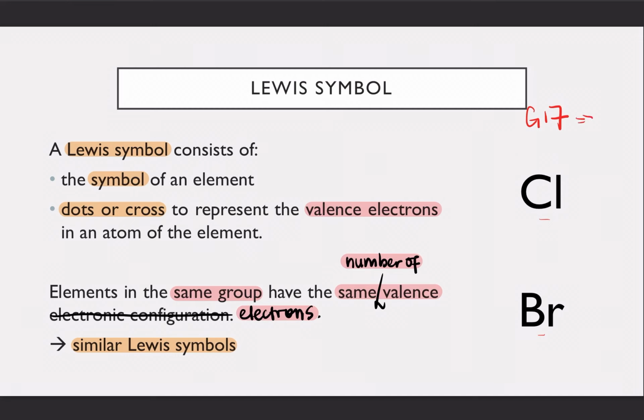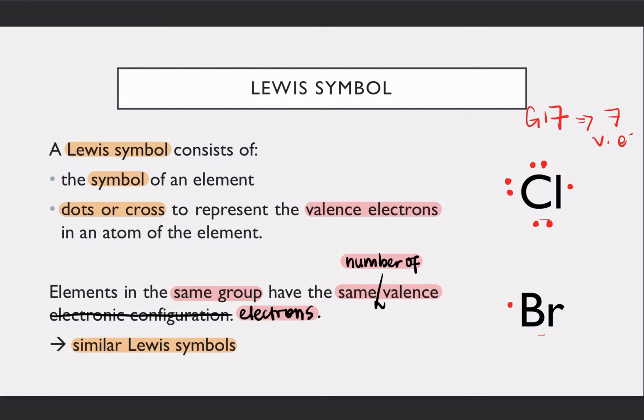It will have 7 valence electrons. So I will start by putting dots 1, 2, 3, 4, 5, 6, 7. So chlorine will have 7 valence electrons, and I am showing 7 electrons around it.